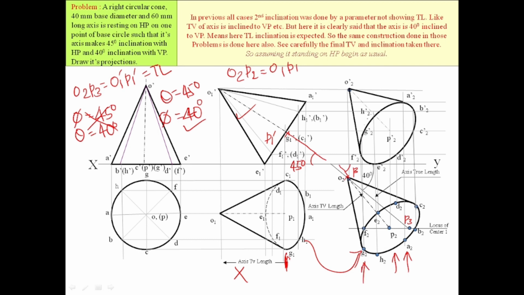That means the entire points G, A, B, C, D, E, F are already lying on the outermost portion of the solid, and that point G must be in thick line. That point G must be visible in front view.